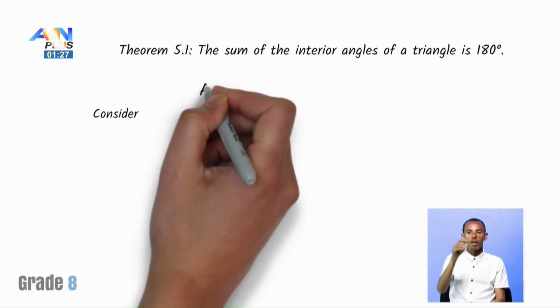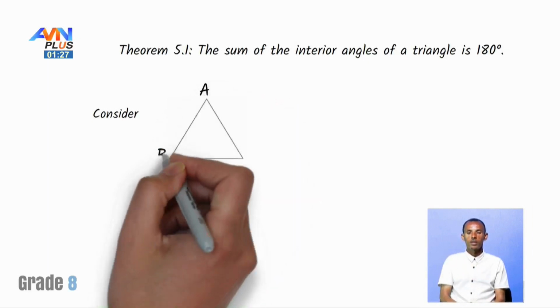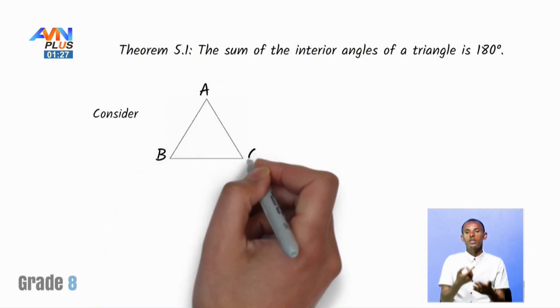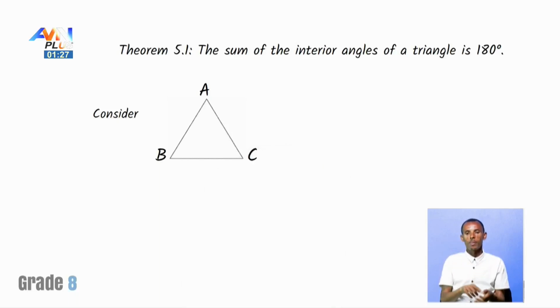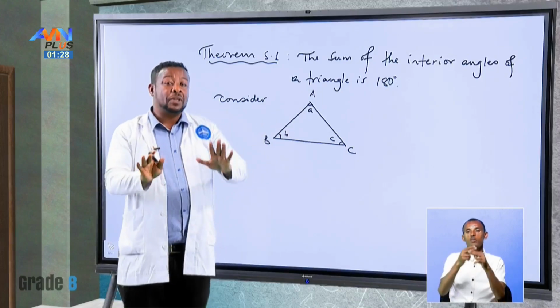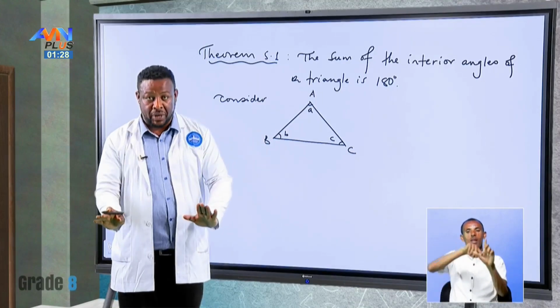Say this is A, B, C. These are the vertices. Say the angle here is small b, the angle here is small a, and say this is C. This small letter represents angles, right?